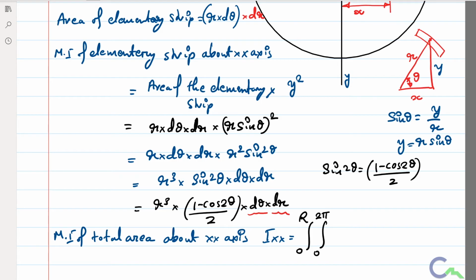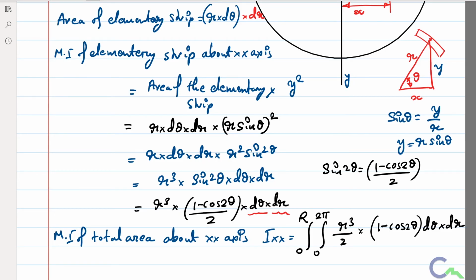So inside the integration, I can take r cube divided by 2 into 1 minus cos 2 theta into d theta into dr. So I will take r cube by 2 as constant while applying theta.